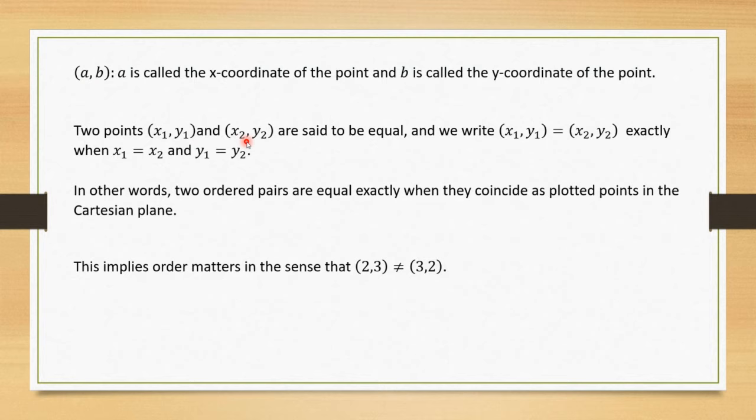You can also think of it visually, as I have here as well: two ordered pairs are the same exactly when they coincide as plotted points in the Cartesian plane. If you were to plot them and they overlap each other, they're exactly the same point, so they're the same.